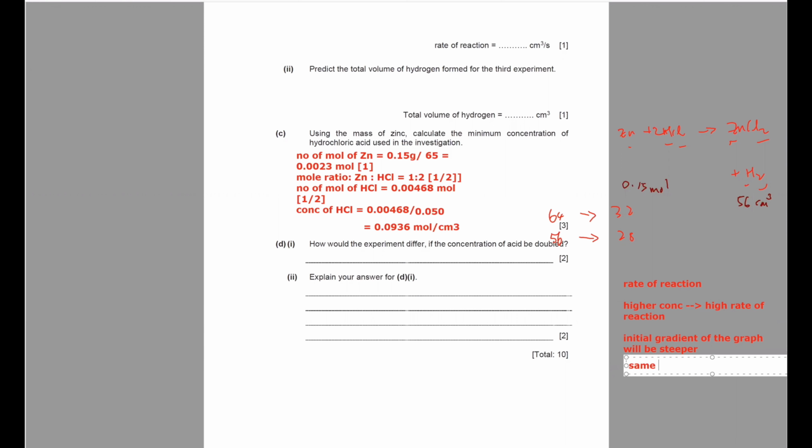So the height where the curve levels off is the same. So this is mark 1. Then this is the other mark.